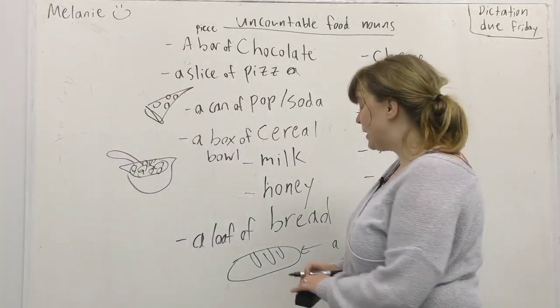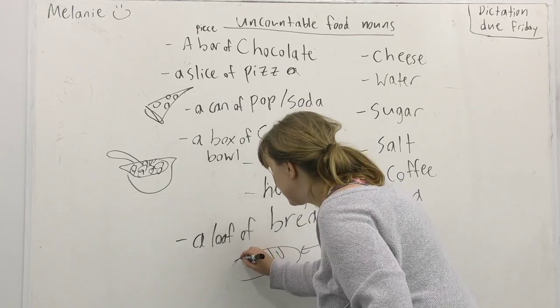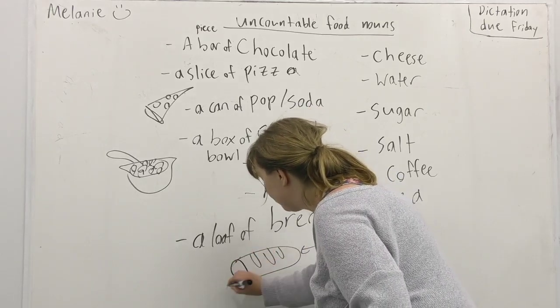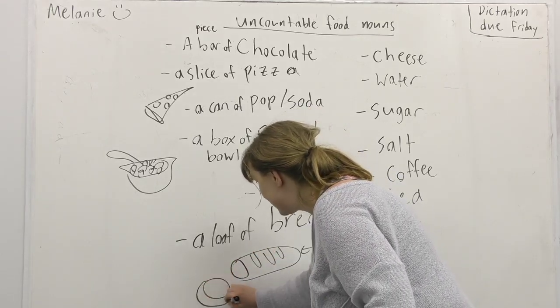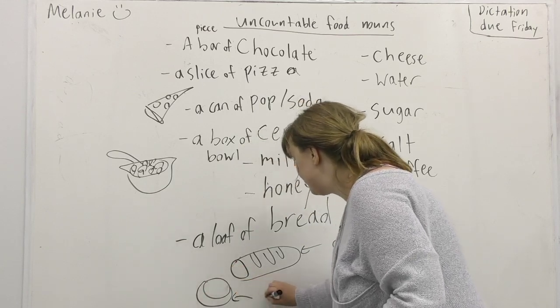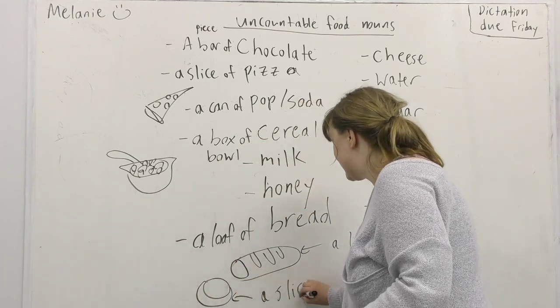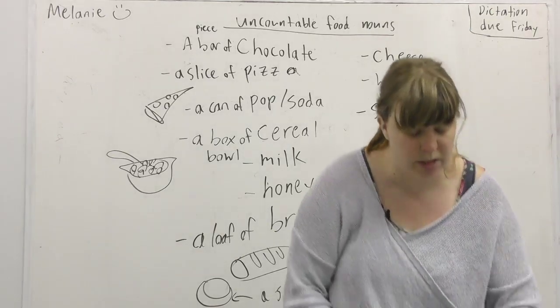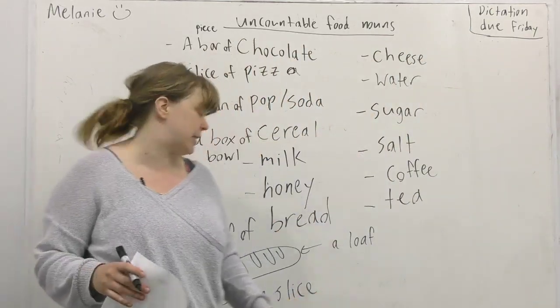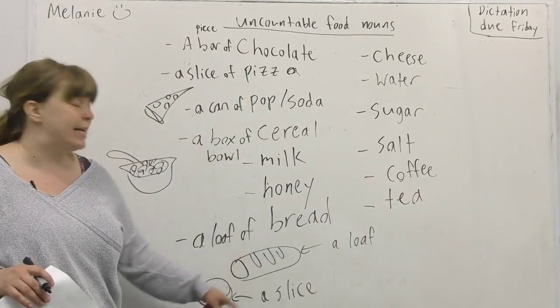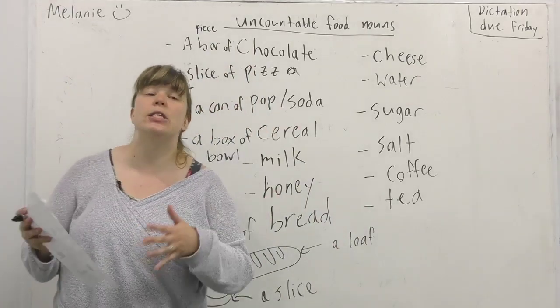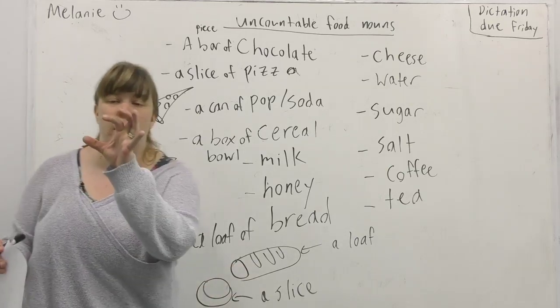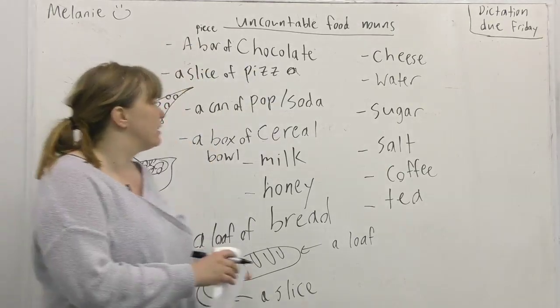Now, if you want to cut the piece, so let's say you take a knife and you cut off a piece, and then this is a slice of bread. All right, so usually those are the two ways we talk about bread. We either talk about a bigger piece, a loaf, or we talk about a smaller piece, a slice.